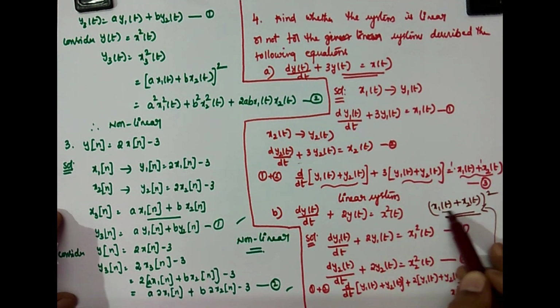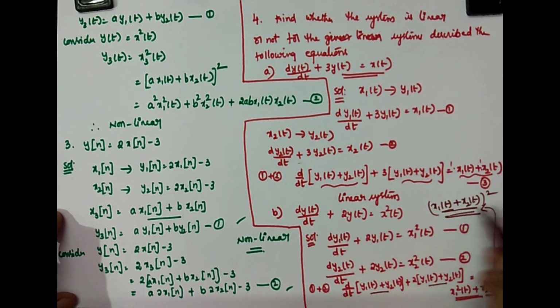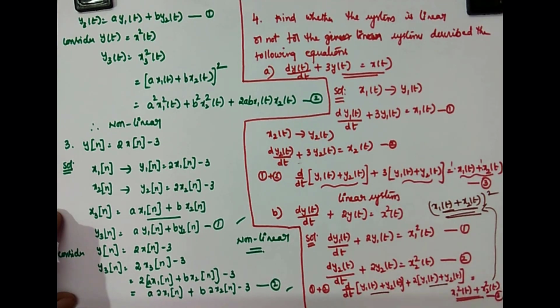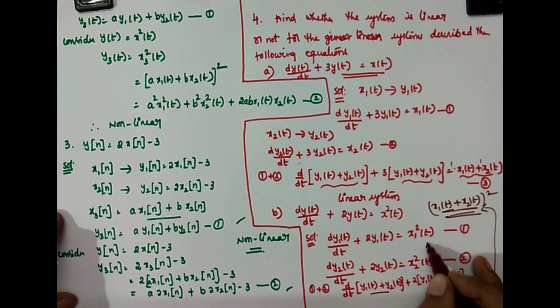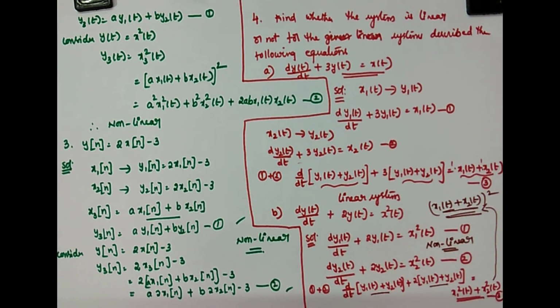Then the sum of inputs will produce sum of outputs. If this equation is like this, then only the system is said to be linear. Okay, but here the equation is not like that. Hence, the system is said to be nonlinear. Obviously, if the system equation consists of a square term, then damn sure the system is nonlinear system.